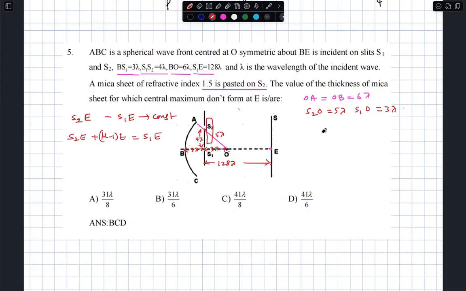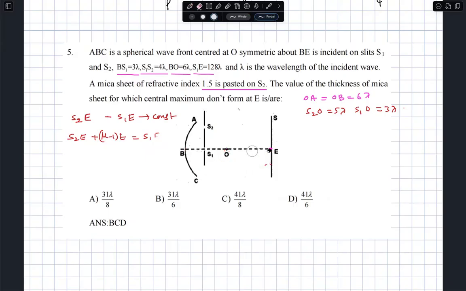Basically, S2, S1 has a difference of how much? S2O, S1O will have a maximum difference of 2 lambda actually. This 2 lambda path difference, I'll write it elaborately here so that there is no confusion for you.